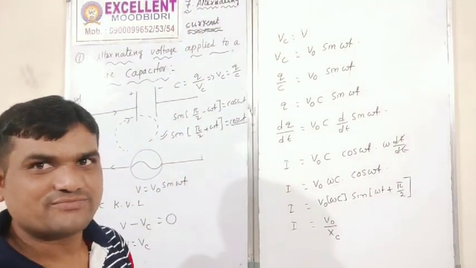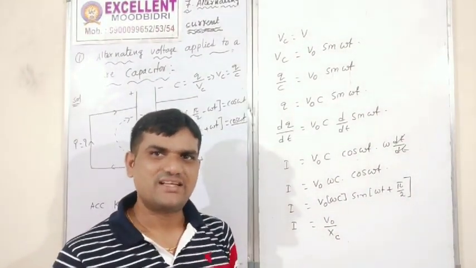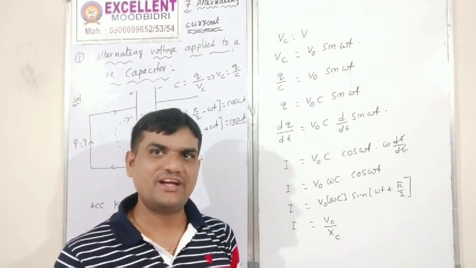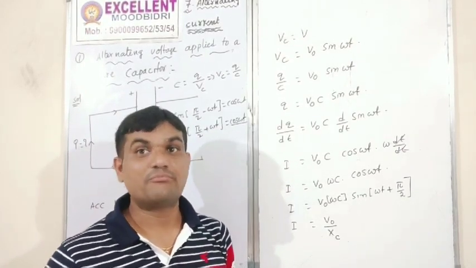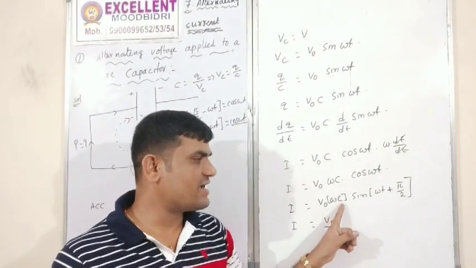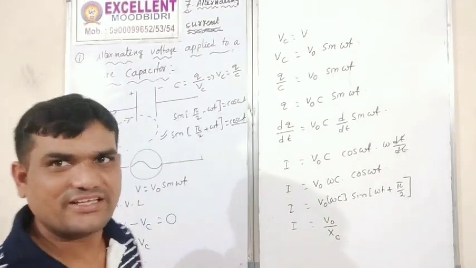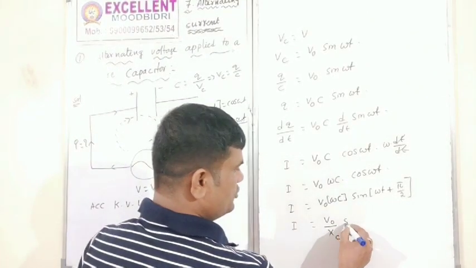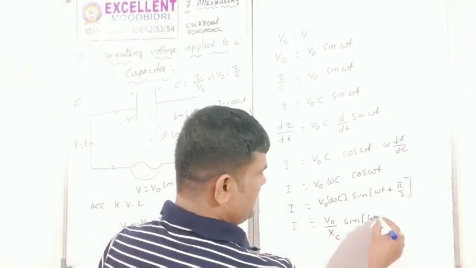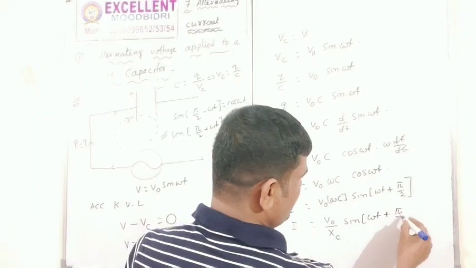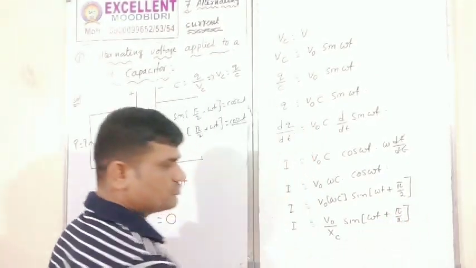Previously for the inductor I wrote XL, omega into L. But here omega C means 1 by XC, into sine omega t plus pi by 2.